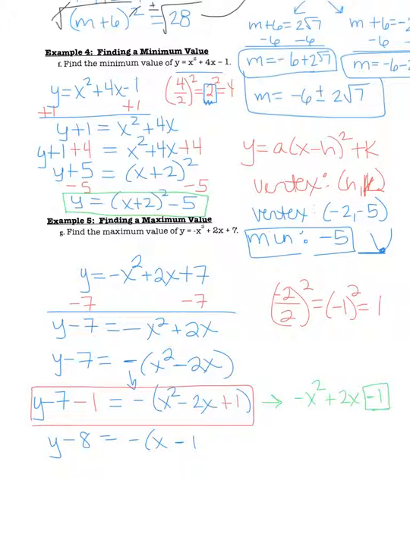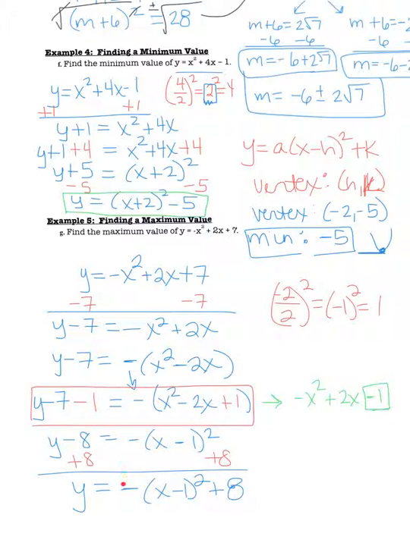So we have (x minus 1) squared. And we're almost done writing our equation in vertex form. We're going to add 8 to both sides. And our final equation would be y equals negative (x minus 1) squared plus 8.